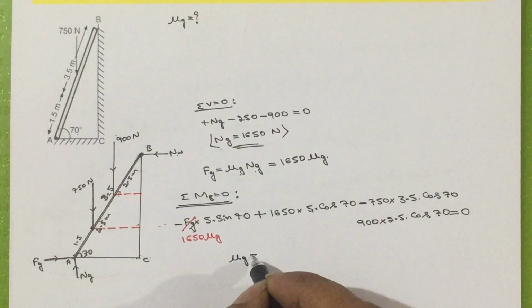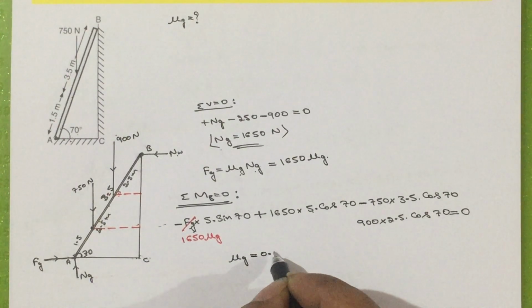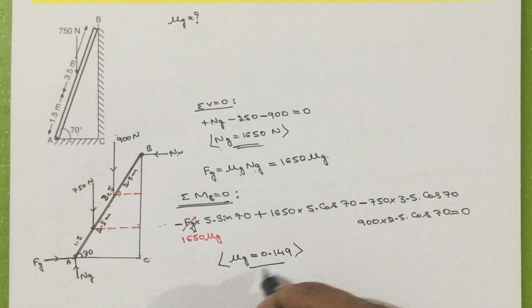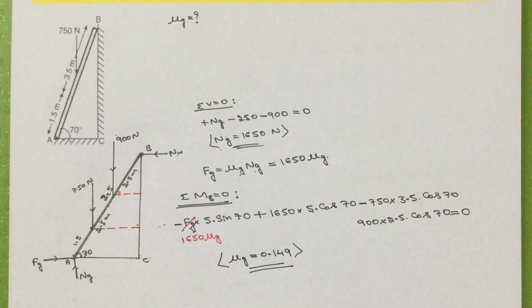The coefficient of friction you are going to get is 0.149. There is no unit. That is all for this problem. It looks big, but it is quite simple. Thank you. This is regarding ladder friction problems.